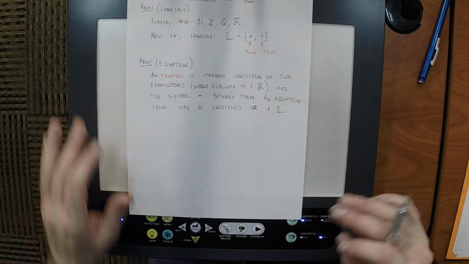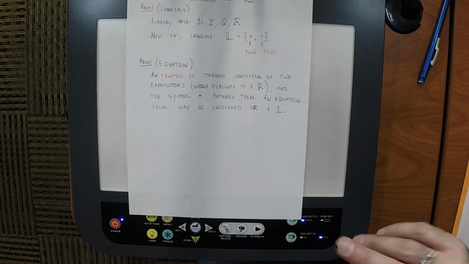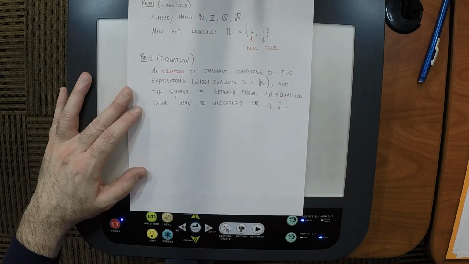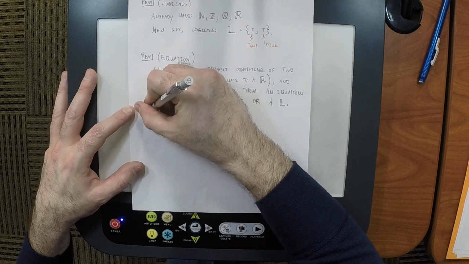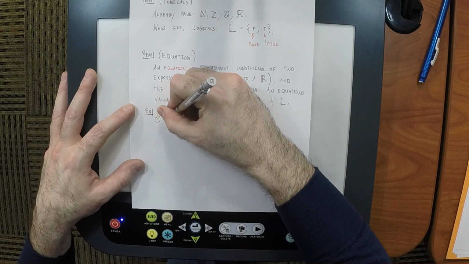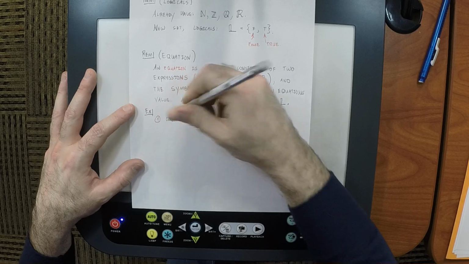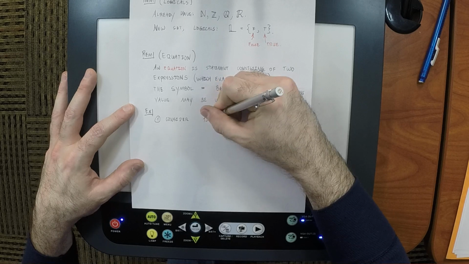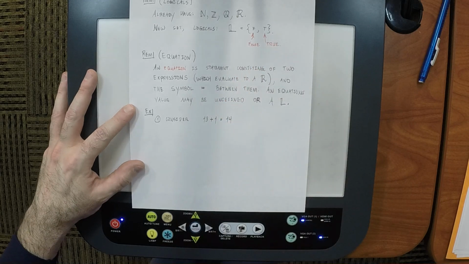Now we're about to make a hard departure from what might have already been your experience about equations. So get ready for it. First, consider 13 plus 1 is 14.